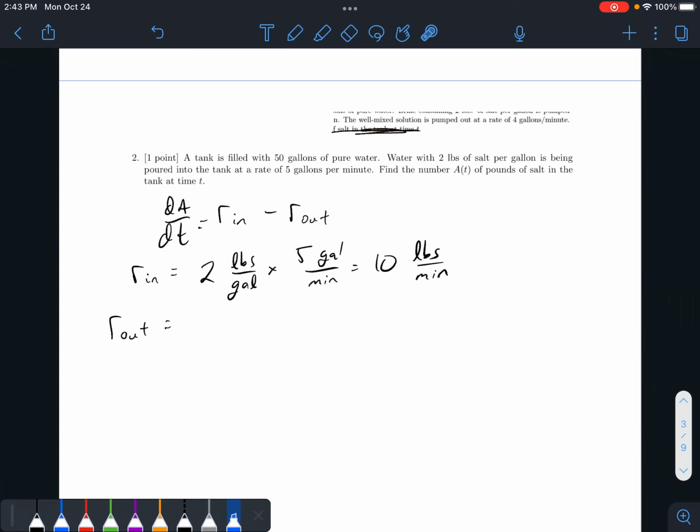All right, so the solution is being pumped out at a rate of 4 gallons per minute. So we are, let's see. So we're pumping out 4 gallons of water per minute.